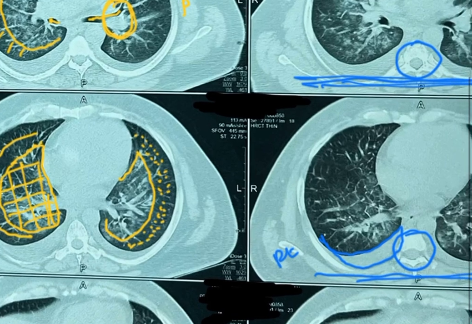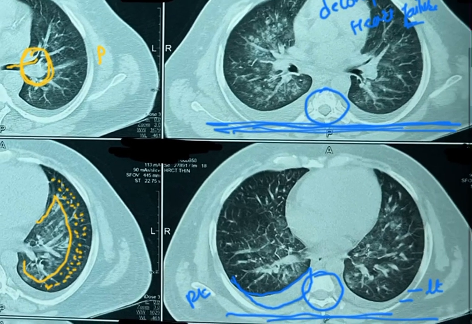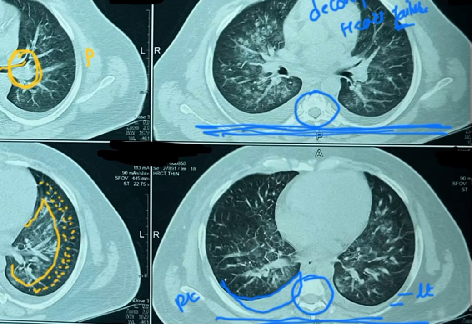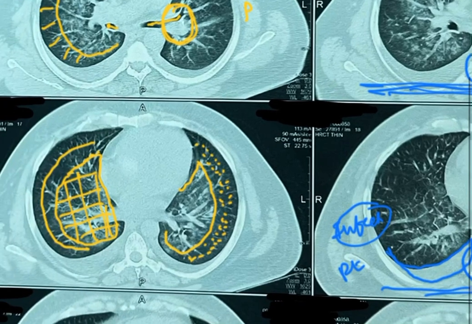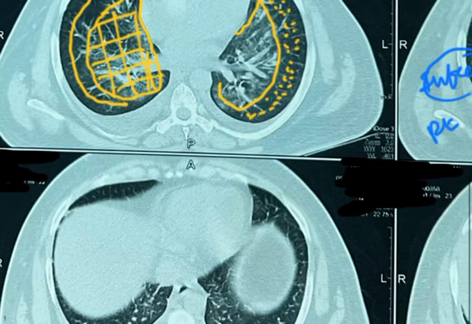Apart from that, the other differential diagnoses for this type of involvement is either infective. It can be infection, it can be bilateral infection. For example, a COVID-19 involvement. But in COVID-19, what you get is ground glass opacities, and these are almost subpleural, means you can get the ground glass type of opacities, but not in the center, but in the peripheral region like this.